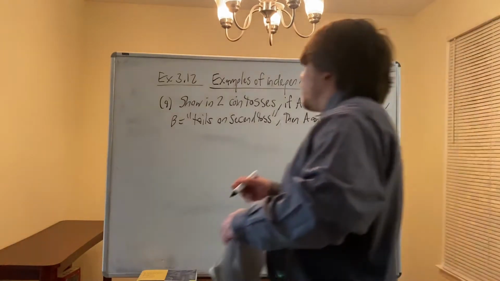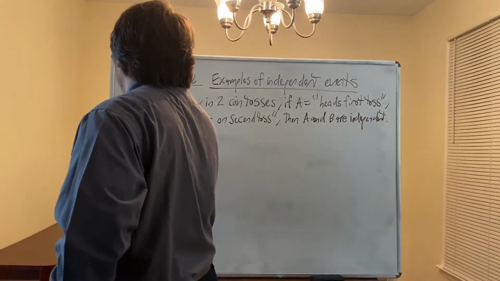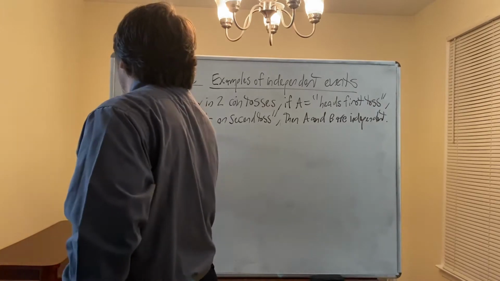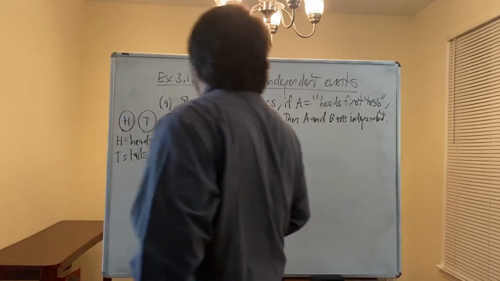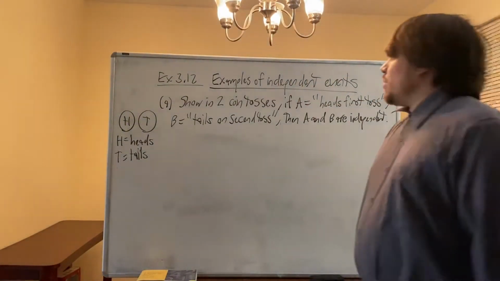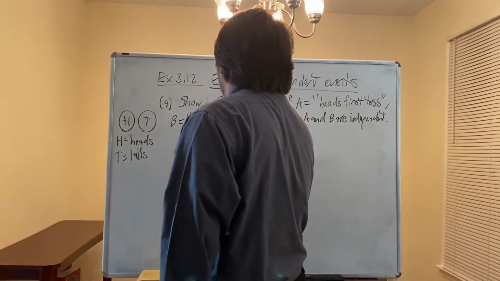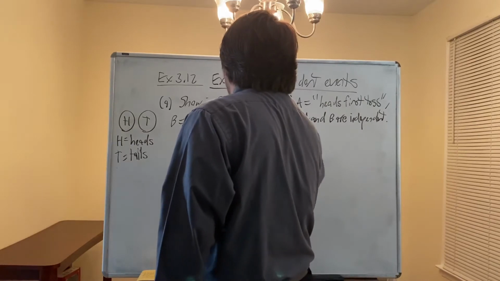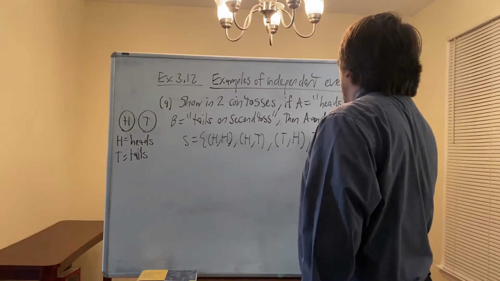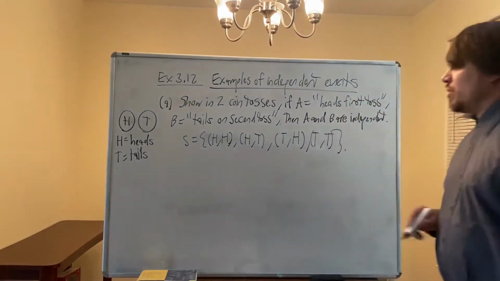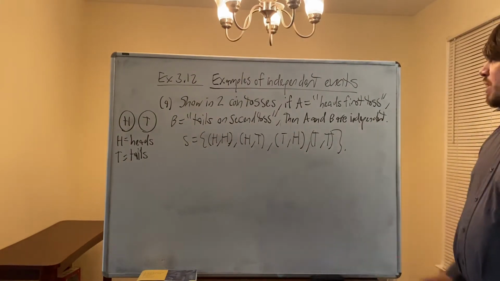Okay, so when you have a coin, there's two possibilities for the coin flip. There's heads or there's tails, so H represents heads and T represents tails. And so the sample space of this experiment is heads-heads, heads-tails, tails-heads, or tails-tails. Those are the four possibilities when you flip two coins. So that's the sample space.